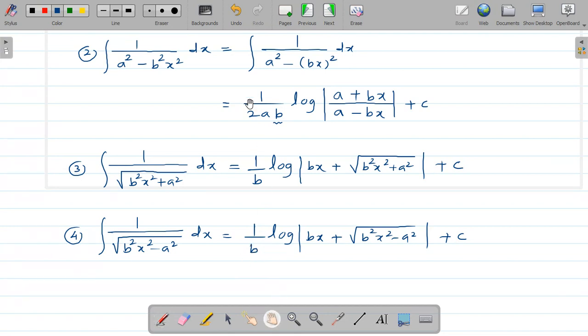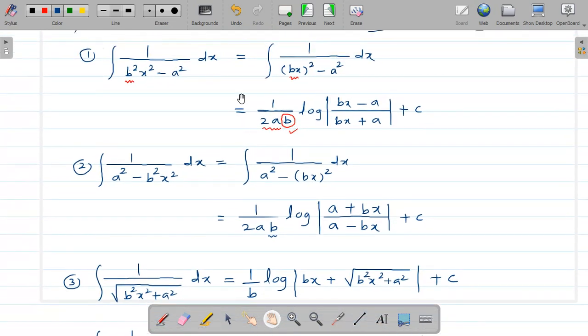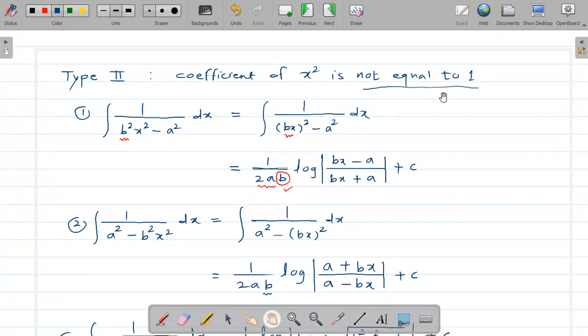So every time if you have the coefficient of x square which is not equal to 1, then you have to divide by the derivative. Okay, so all these are related to the type number 2.